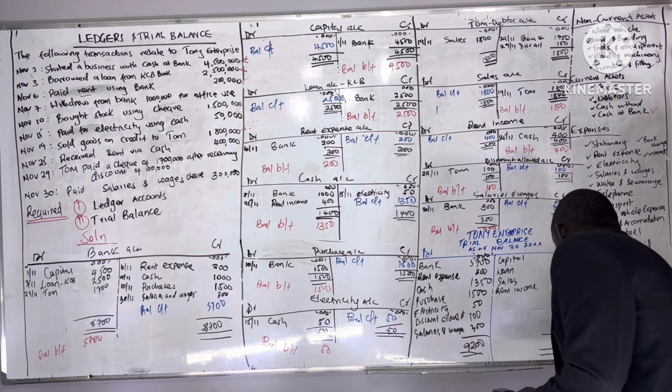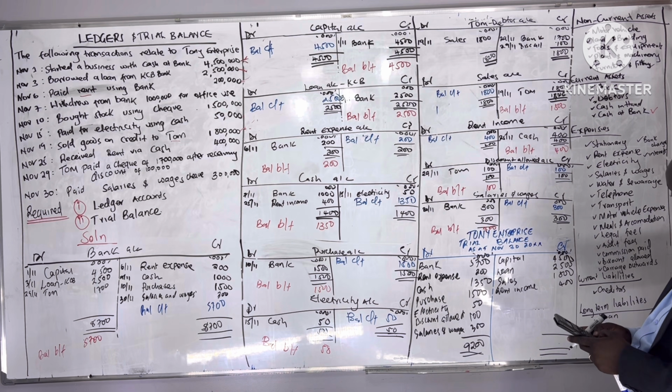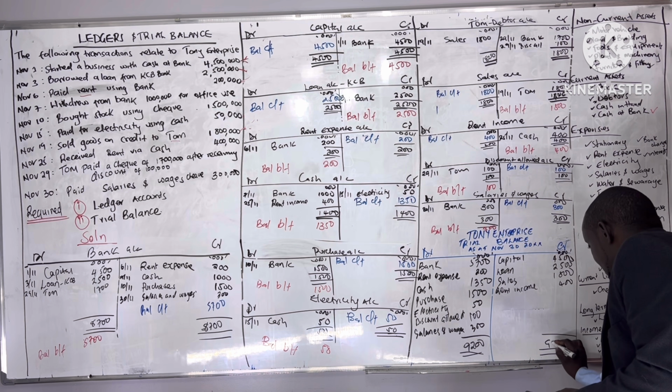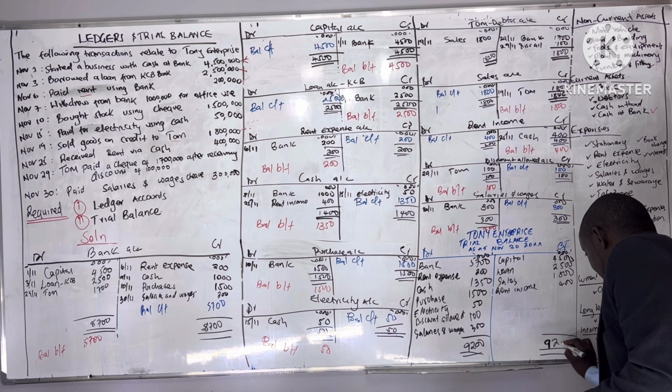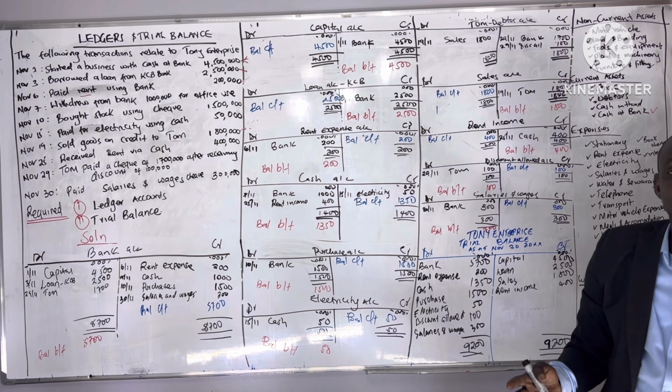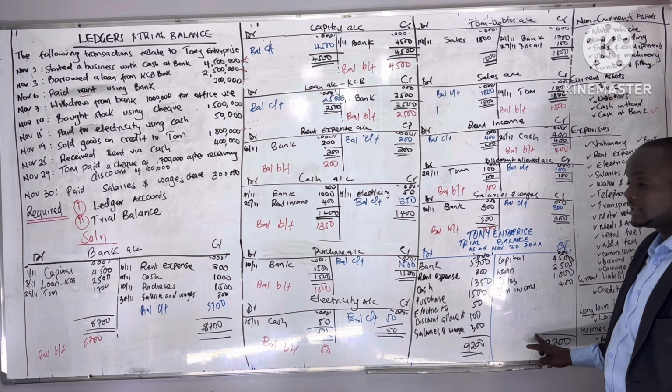And look at the total for this other side. 4,500 plus 2,500 plus 1,800 plus 400. The total is 9,200. You can see that our trial balance has actually balanced.